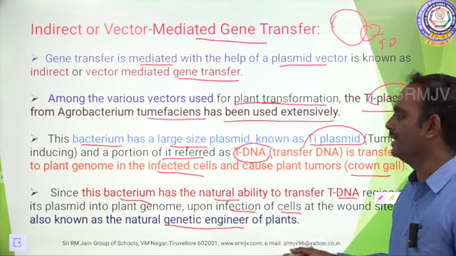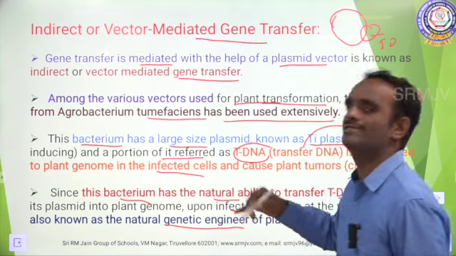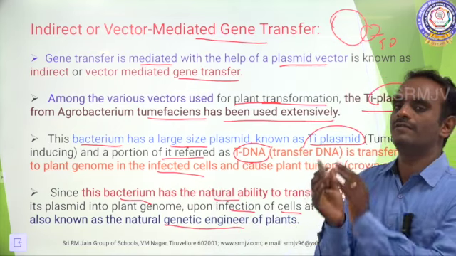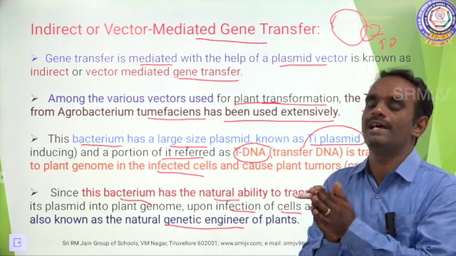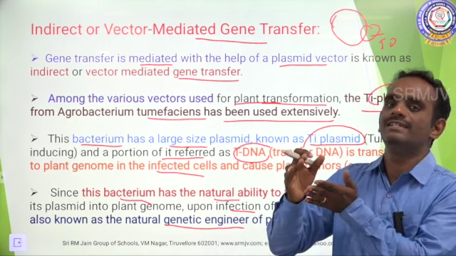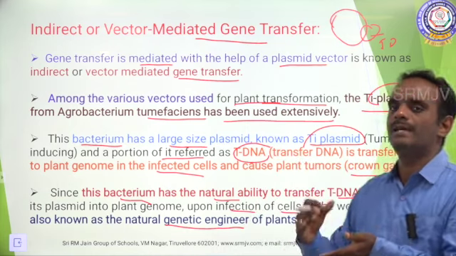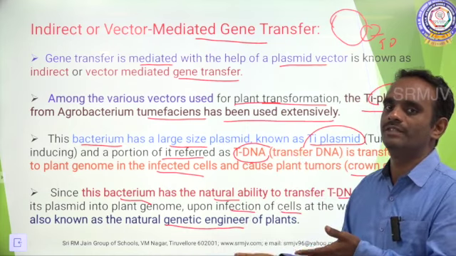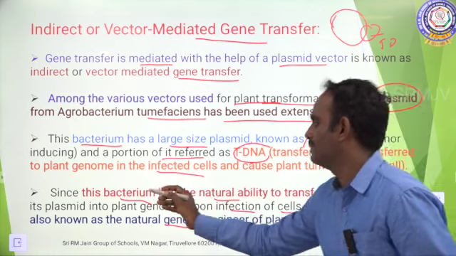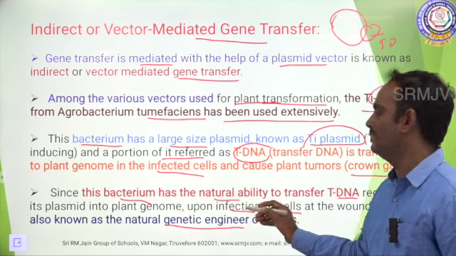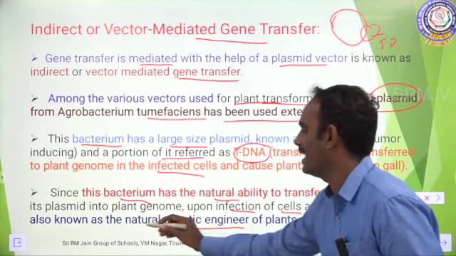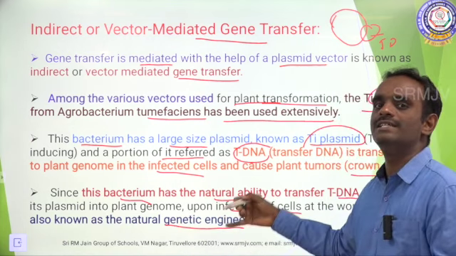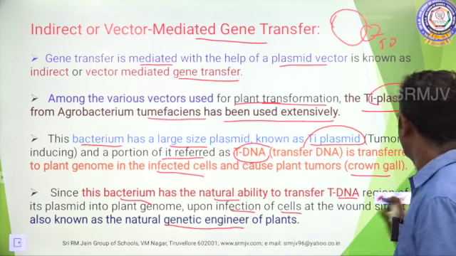So once again I am repeating, since the bacterium has the natural ability. A small portion of the Ti plasmid is called tDNA, transfer DNA. It has the ability to transfer directly. So it is named the natural genetic engineer of plants. Clear, children?